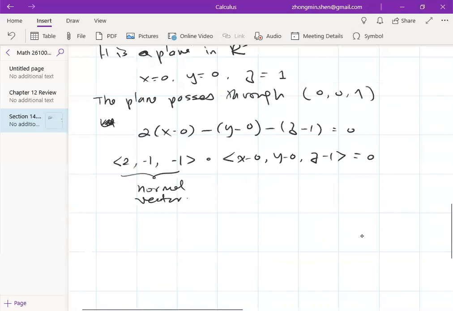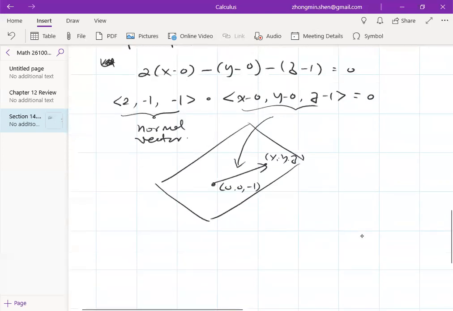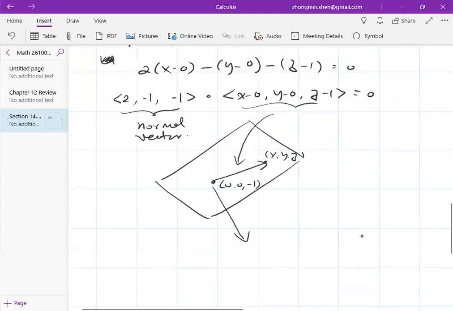It's harder to draw, but I can just roughly speak. It passes through the point 0, 0, negative 1. For an arbitrary point x, y, z, this is going to be the vector. So this vector is here, right? And it's perpendicular to the normal vector n. n is going to be 2, negative 1, negative 1.